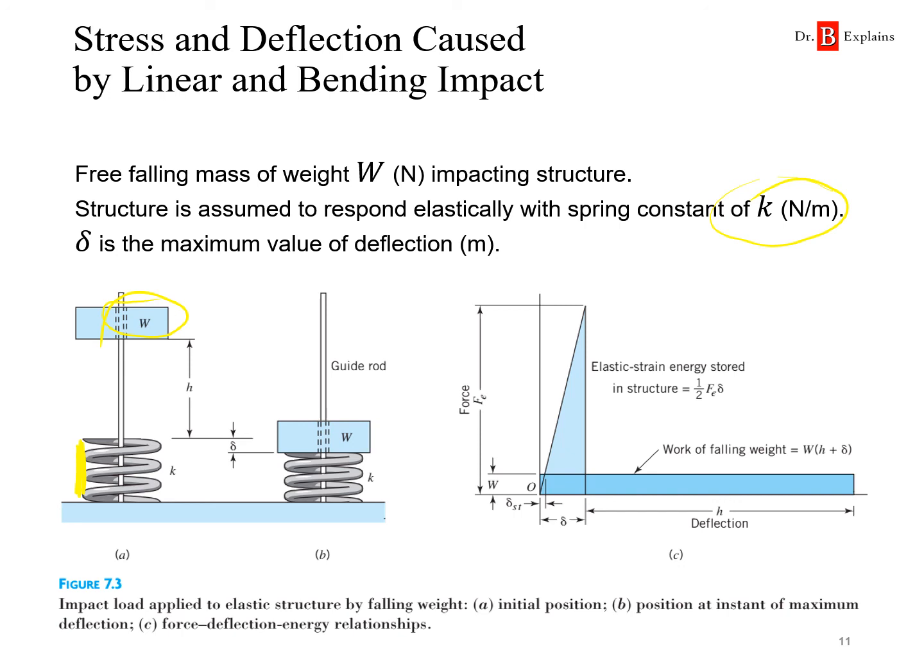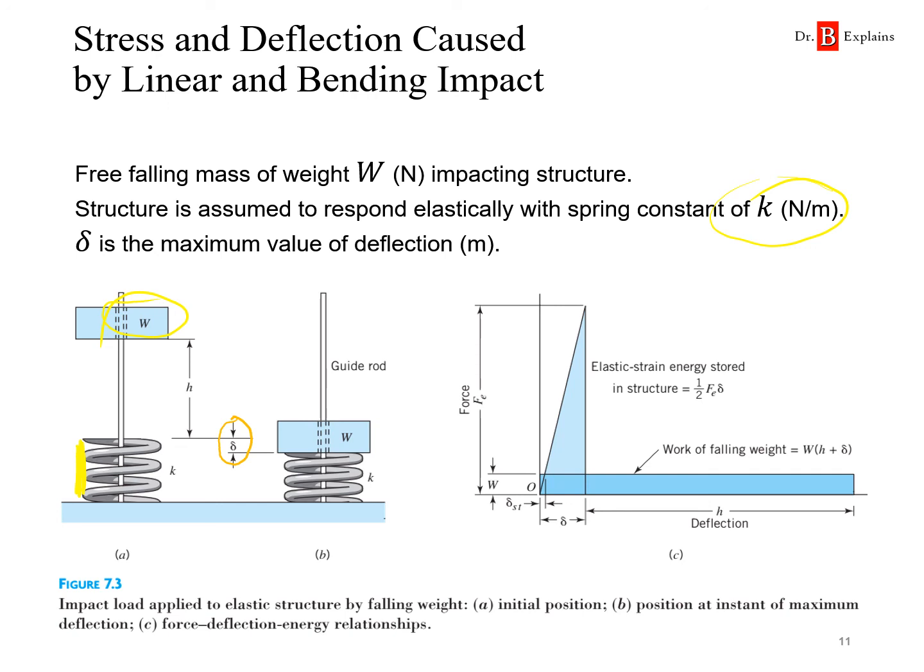Now, when the mass strikes, the structure is going to deflect by some distance delta over here. So this is right when you let go of that mass, it hits the spring and compresses it, and that's the maximum compression, or the maximum value of the deflection of that spring.